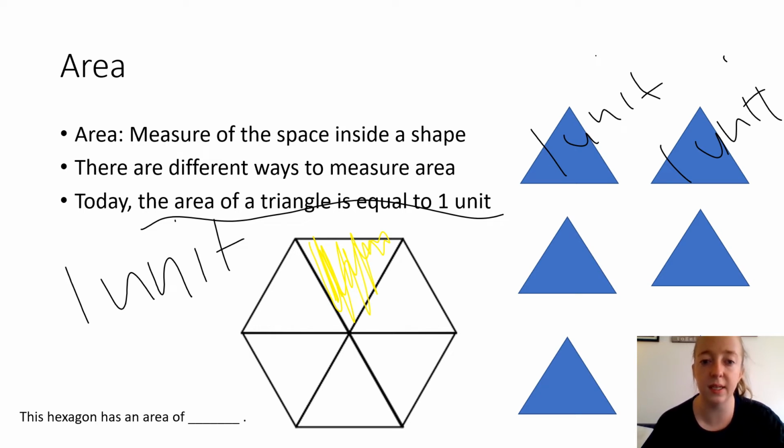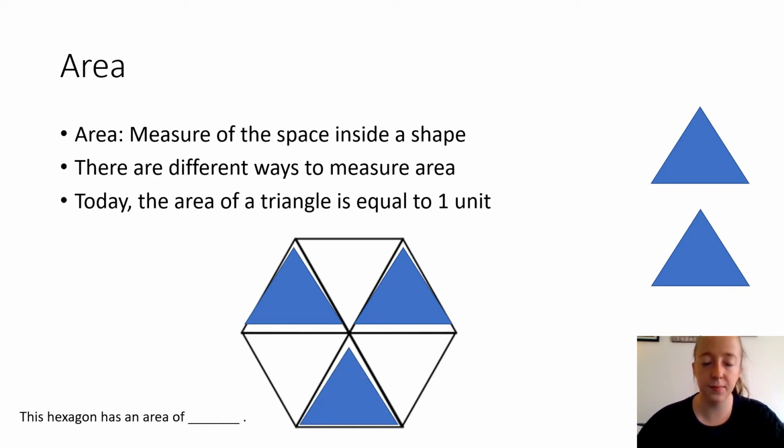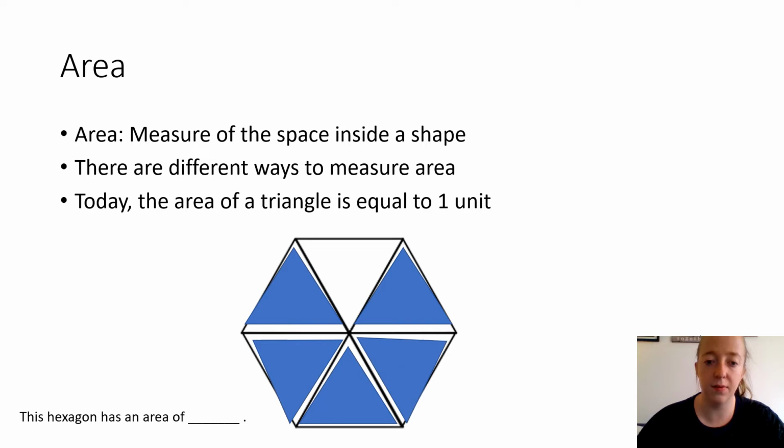Okay, so let's count together. If one triangle is 1 unit, we have 1, 2, 3, 4, 5, and 6. I was hiding that one with my little picture.